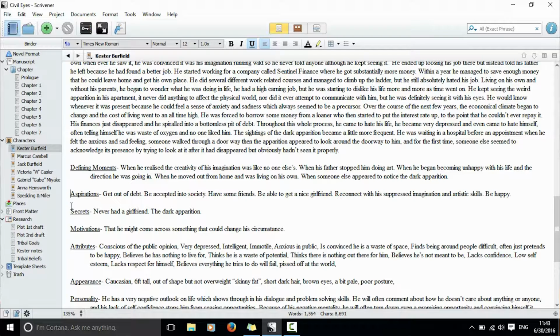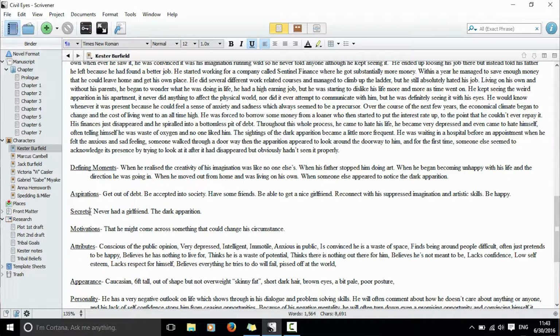And the next part, secrets. Now this is quite an interesting one, because some characters have them, some don't. But secrets can certainly come in handy if you have two characters who maybe have a history. Maybe one side knows something. There's a whole bunch of reasons why secrets would be important.